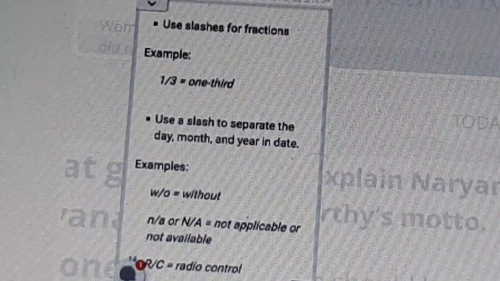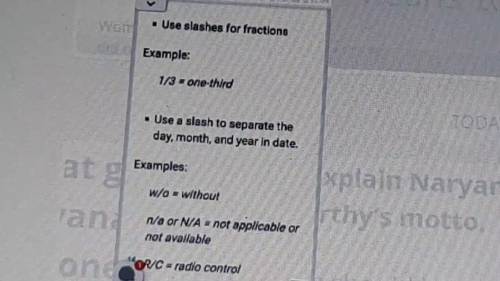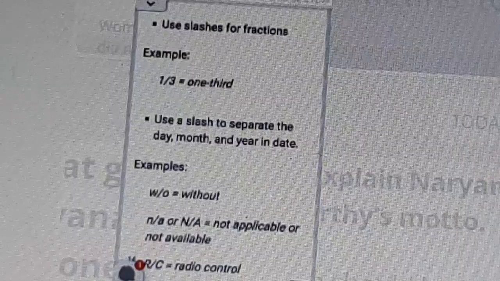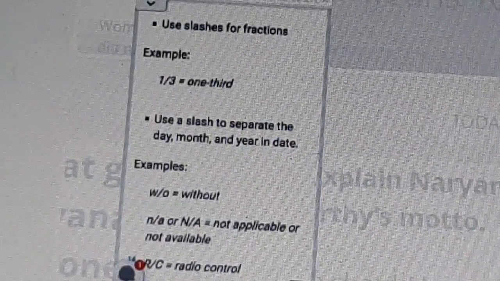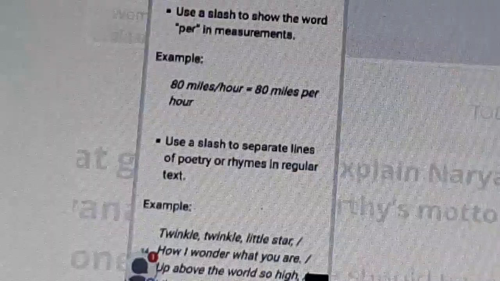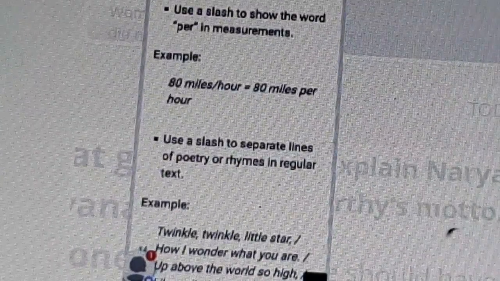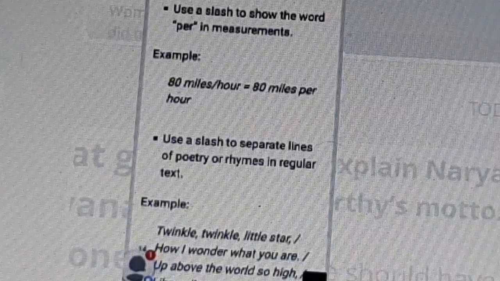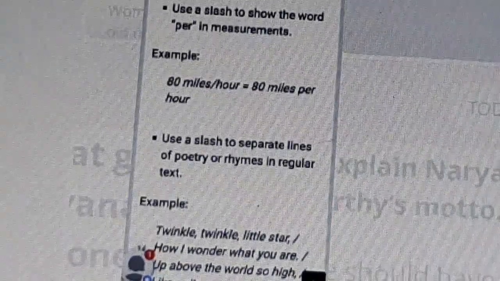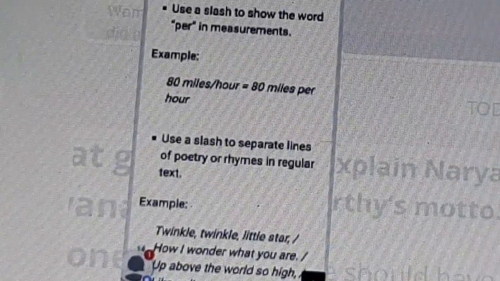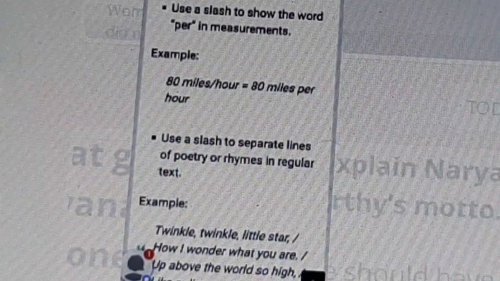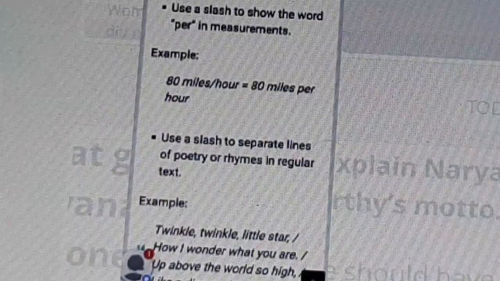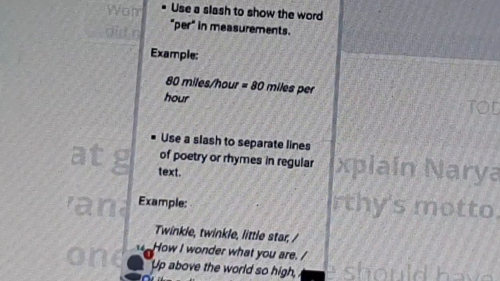Slashes for fractions. Example 1/3. Okay. Next, use a slash to separate the day, month and year in a date. There also we put a slash. Use a slash to show the word per in measurements. 80 miles/hour. Here we put a slash after miles.